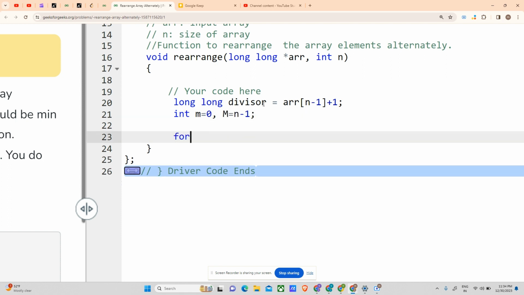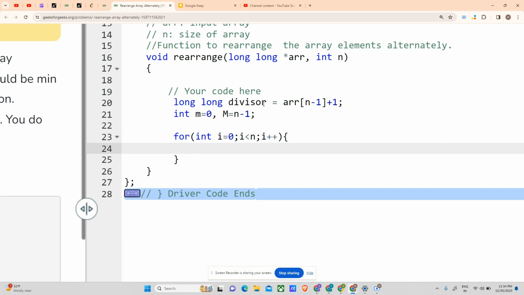Now for int I equals to 0, I less than n, I plus plus, ARR I will become ARR I percentile divisor into divisor.